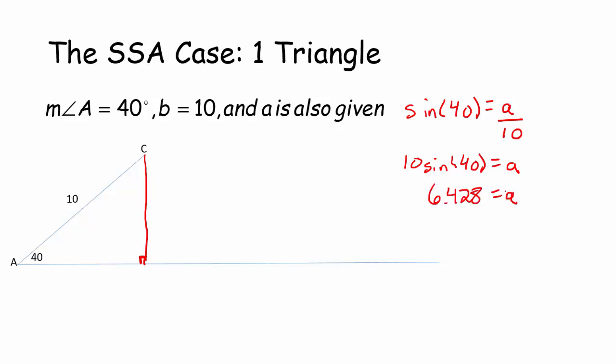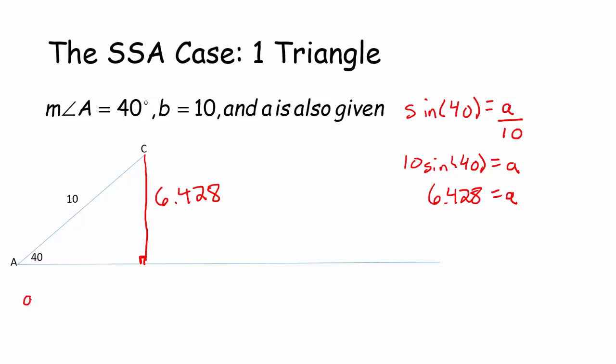So in this scenario, if A was given to be 6.428, we could draw exactly one triangle. We would have this right triangle here. If A was less than 6.428, we wouldn't be able to draw any triangles. So let me start to categorize these scenarios down here.